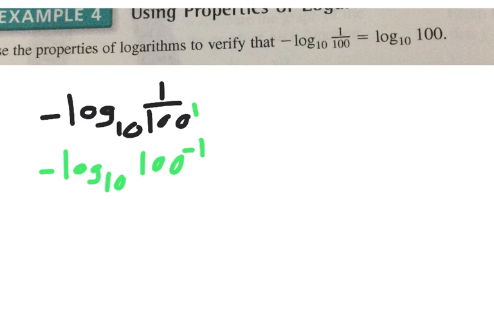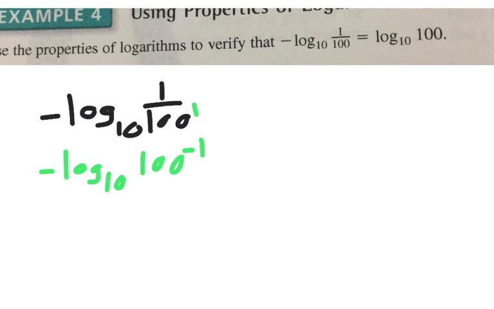Okay, so we're closer. But now what? Now I have all these negatives that I shouldn't have. I have a negative out front of my logarithm, so I can move it to an exponent of the argument. Working backwards, the opposite of the power rule. So negative out front can be rewritten as a power of the argument.